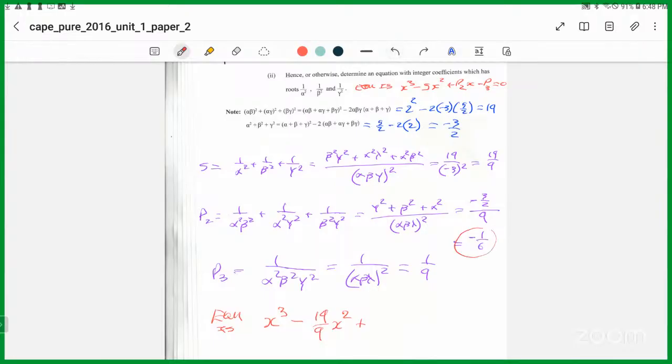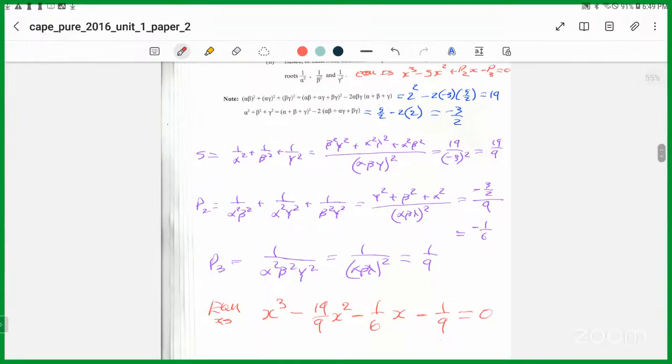P2 is this. So if I add a negative, it stays negative. So it becomes minus 1 over 6 x. And then we'll do a minus p3. This is p3, and so that is 1 over 9, equals 0.